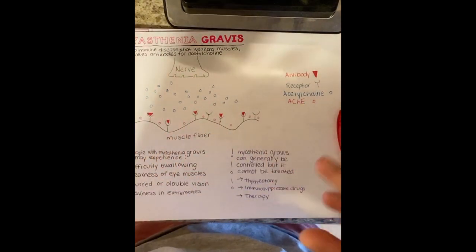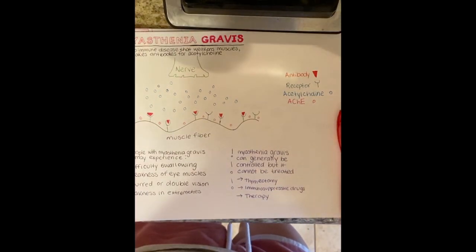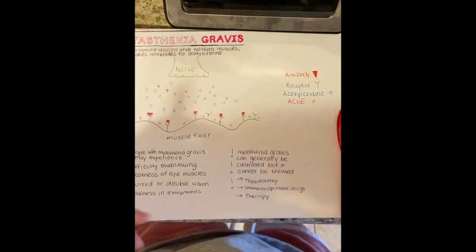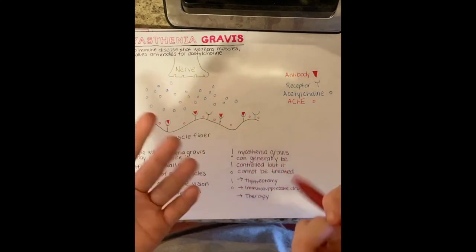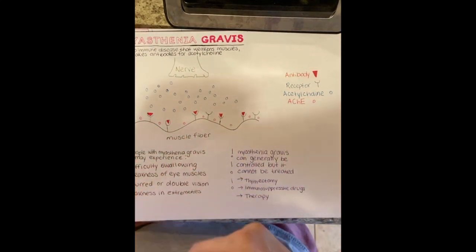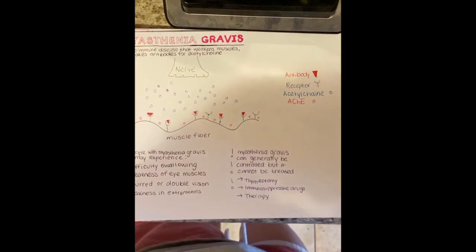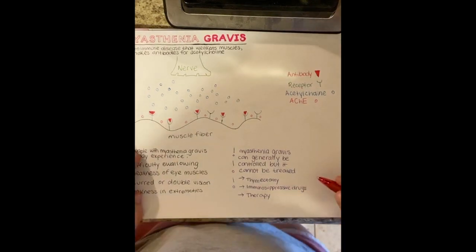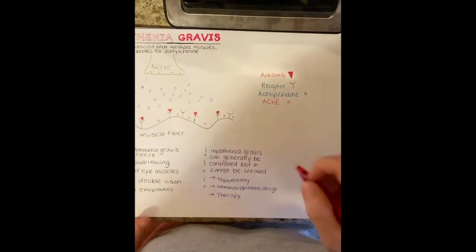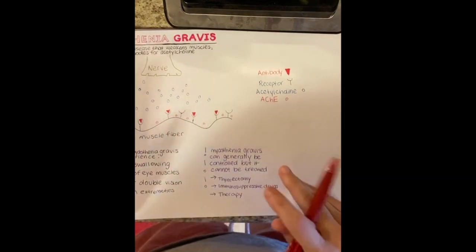There's no treating it. You're born with it. It can flare up. You can have a thymectomy, which is the removal of the thymus gland, and it has been reported that it has helped with myasthenia gravis in some people. You can use immunosuppressive drugs and therapy to also help with this too.